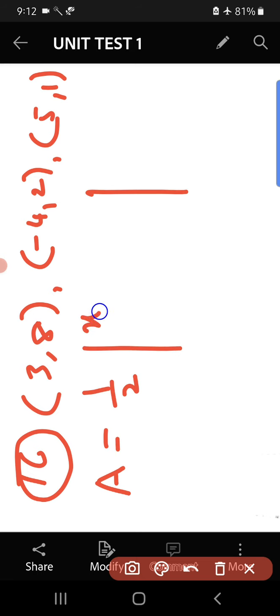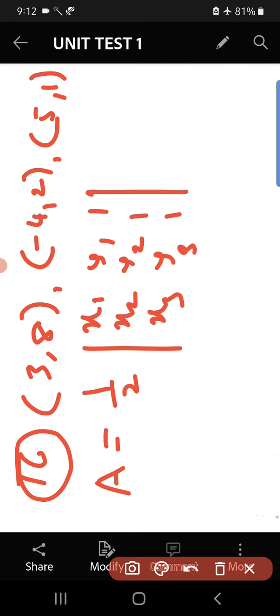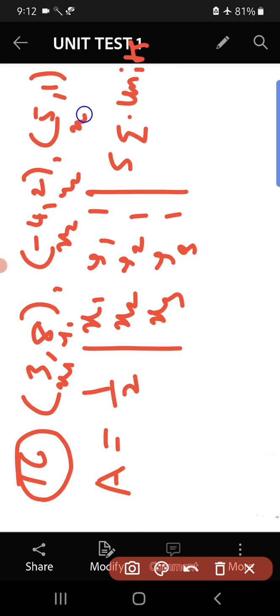Let me write the formula: x1, y1, 1, x2, y2, 1, x3, y3, 1. This is the area of the triangle, in square units. So here you consider these as x1, y1, x2, y2, x3, y3, then substitute in the formula.